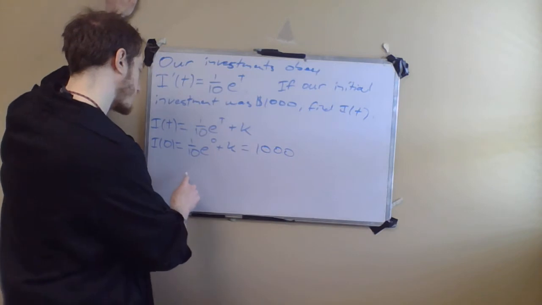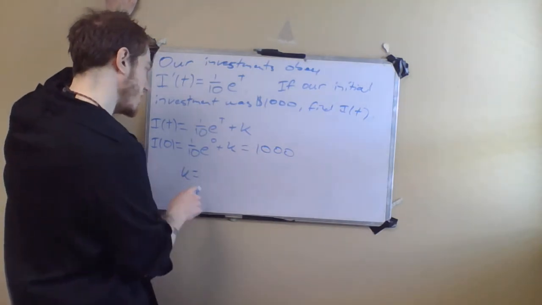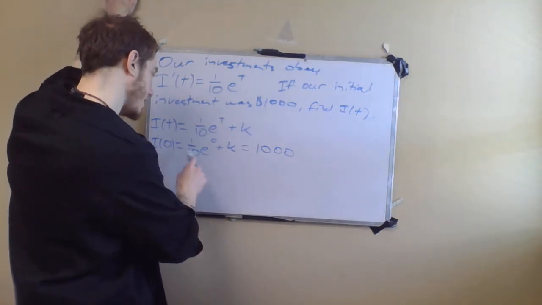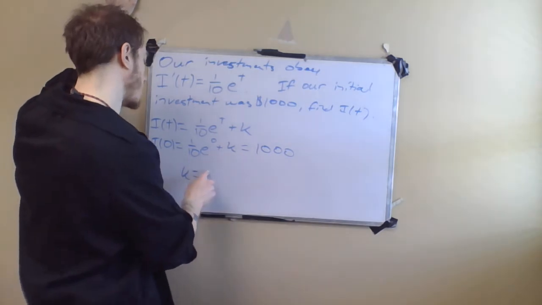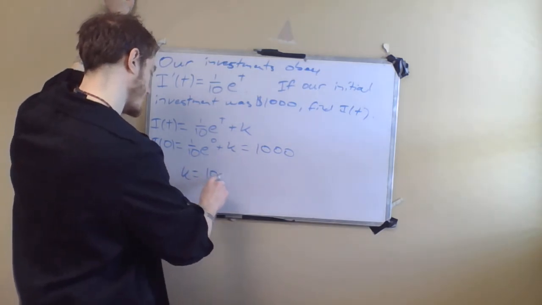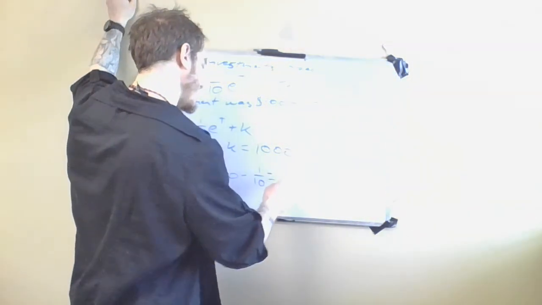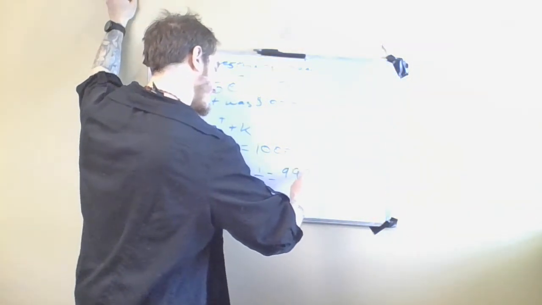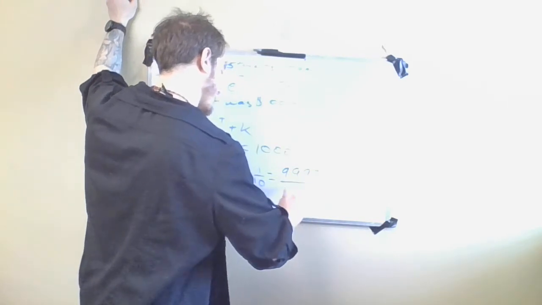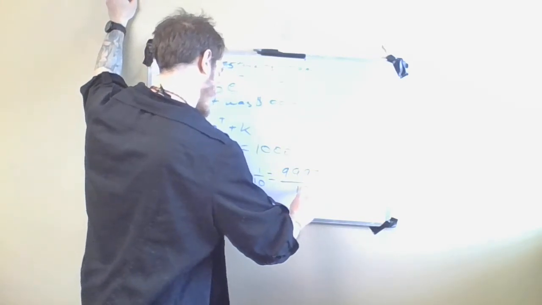So this means that k is going to equal 1,000 minus 1/10, which is equal to 9999 divided by 10.